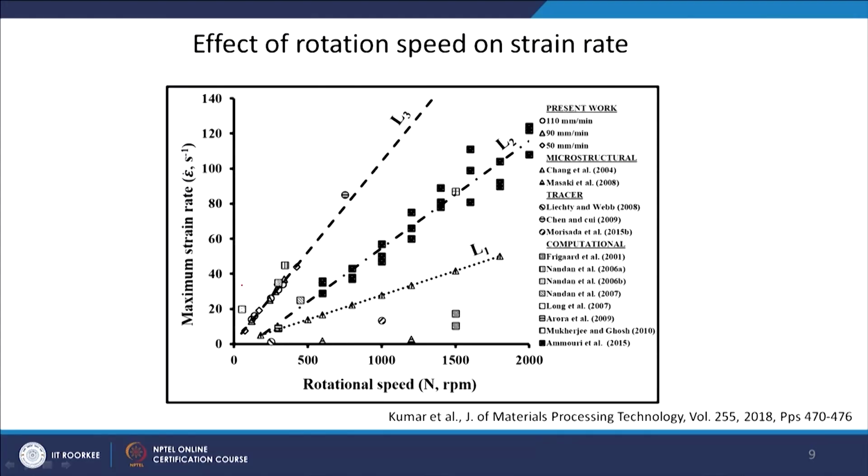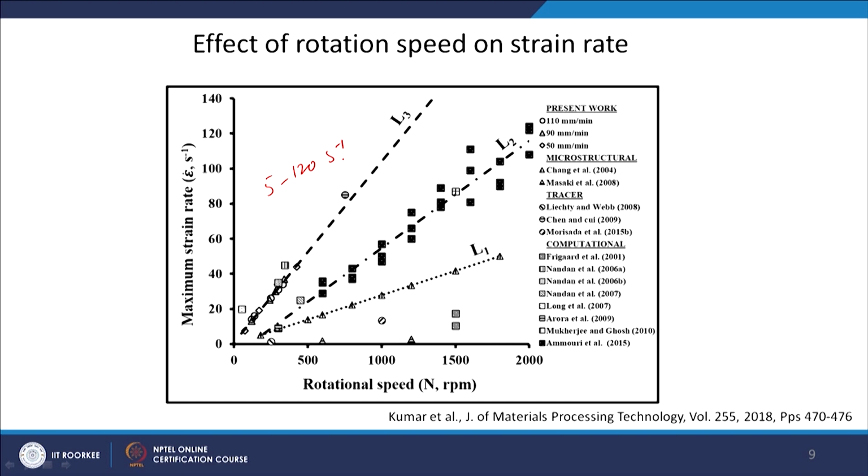To get a flavor of strain rate, the strain rate reported is in a wide range, I would say from 5 to 120 per second, depending upon the method used to measure or predict the strain rate in the computational case.